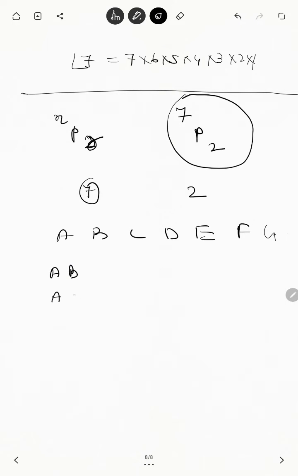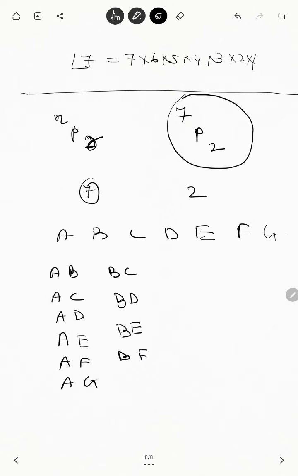AB, AC, AD, AE, AF, AG. BC, BD, BE, BF, BG, and one more, BA.